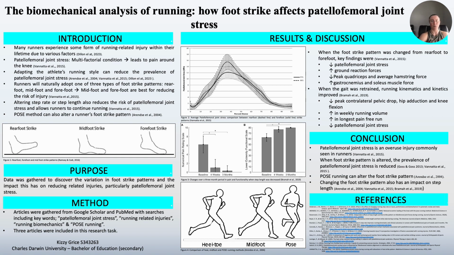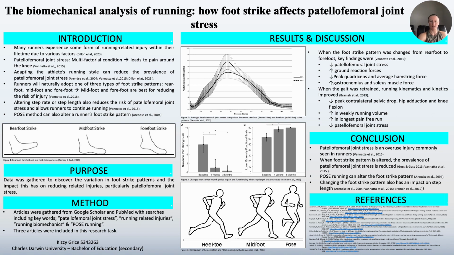The athletes had a greater weekly run volume and were able to run longer with no pain. This was maintained over a 12-week follow-up. So over here we see their pain decreasing over the 3 months, and over here we saw them have more functionality within their limbs, and specifically their lower limbs and patellofemoral joint, where they had more functionality at 3 months than what they did at baseline.